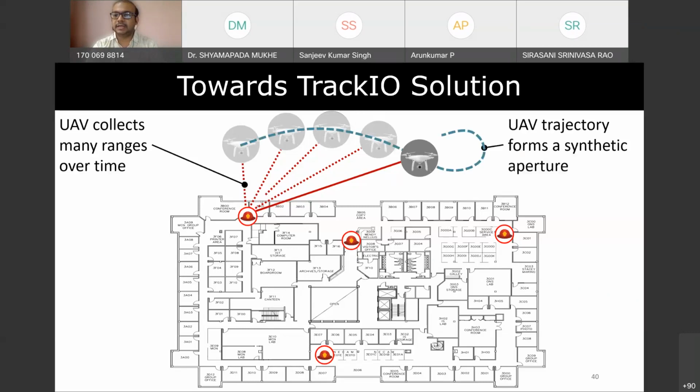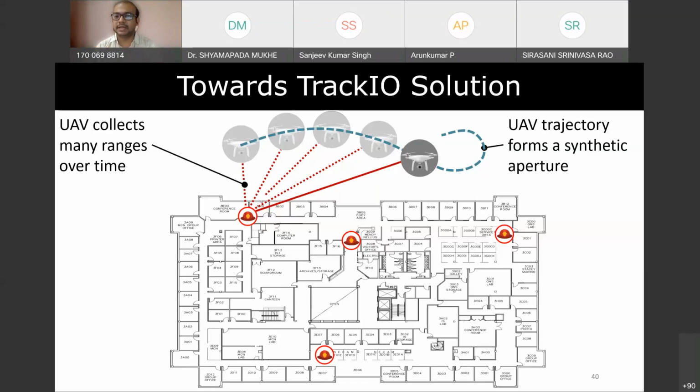And the trajectory forms what is known as a synthetic aperture. So the collection of these x1, y1, x2, y2, x3, y3, this collection of these points is known as the aperture of your system. And this is synthetic because we have artificially generated it over time. It's not that there are multiple drones. There is only a single drone which is covering all these locations over time.